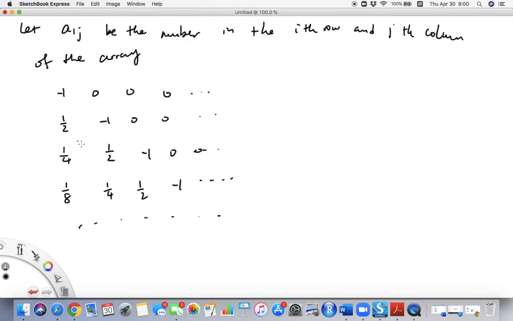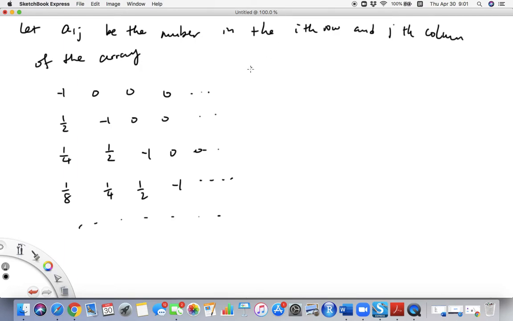I'm pretty sure you can see the pattern. The diagonal is always minus 1. The upper triangular part is 0, and the lower triangular part is what? 1 half, 1 over 4, 1 over 8. So it's 1 over 2 to some power, right?